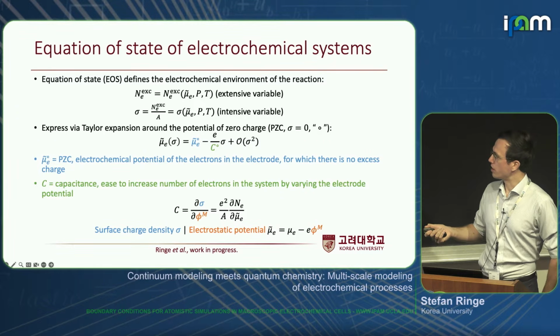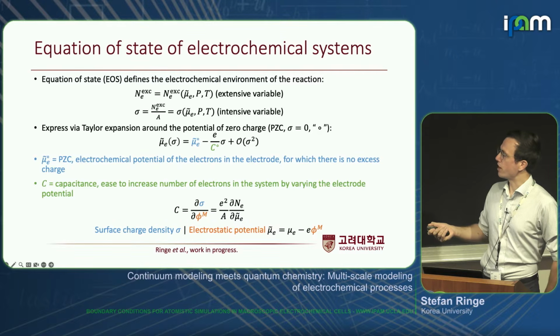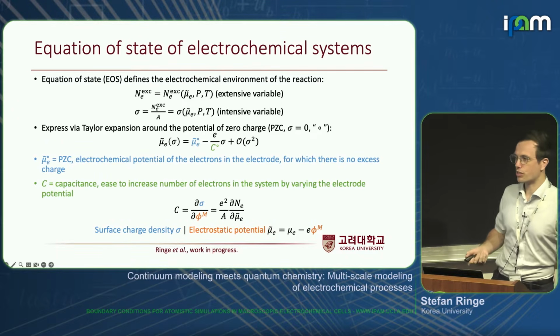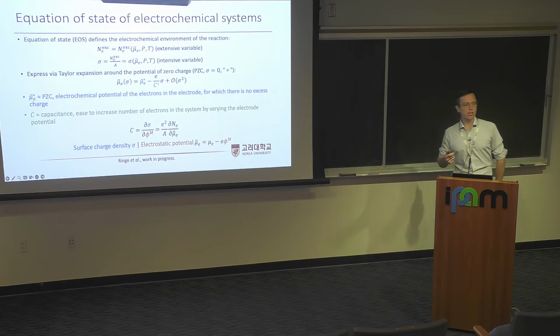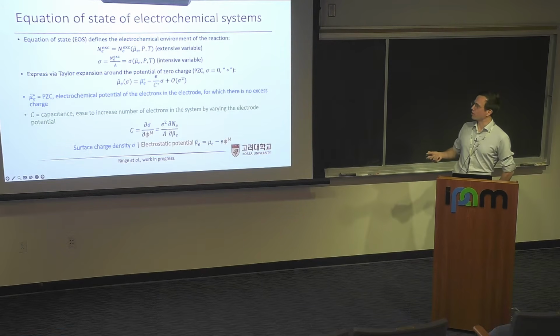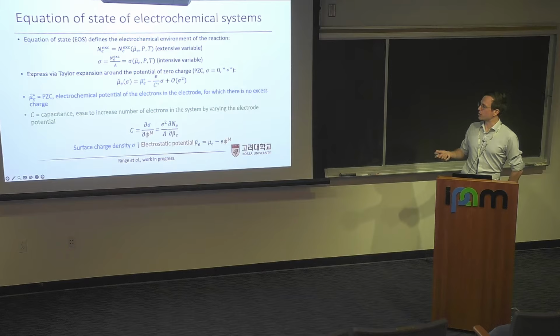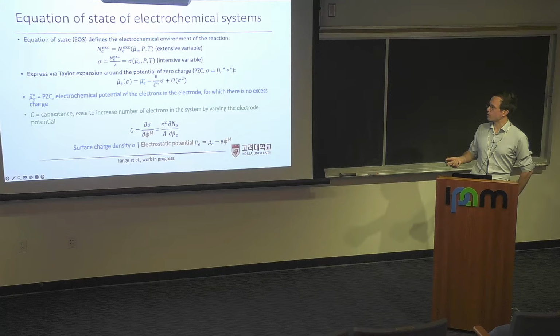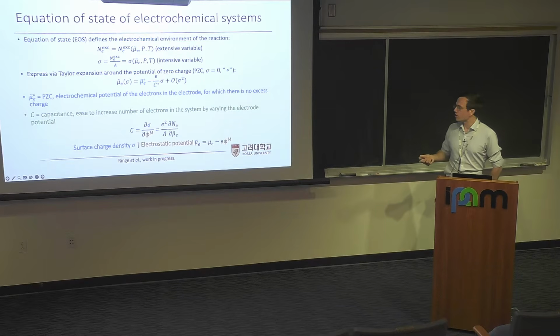You can see at the potential of zero charge, we have this electrochemical potential, then we have a linear term, which is basically with the inverse capacitance, and then we have higher order terms, which represent the potential dependence of the capacitance, right? So we can write down this equation of state, and we can approximate it, and the capacitance will then be, if we write it down correctly, simply the derivative of the surface charge density with respect to the electrostatic potential.